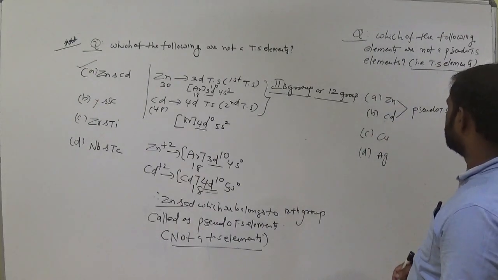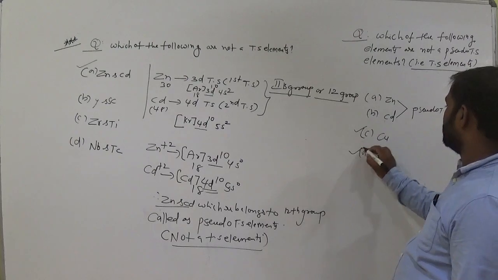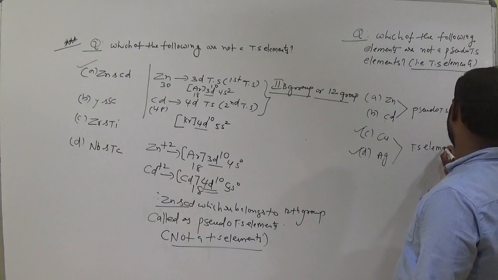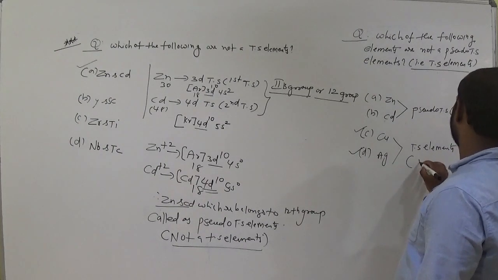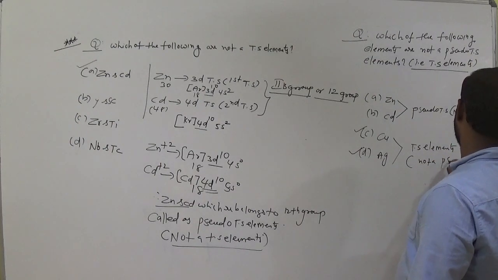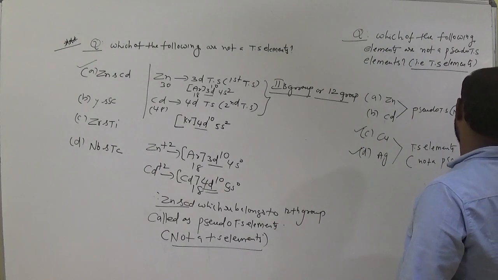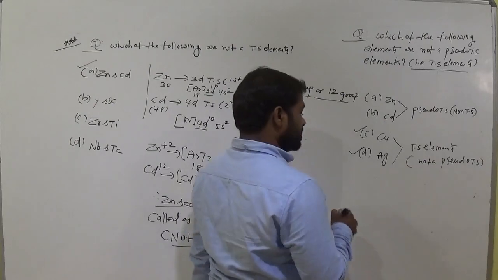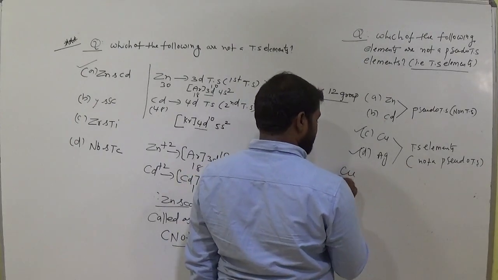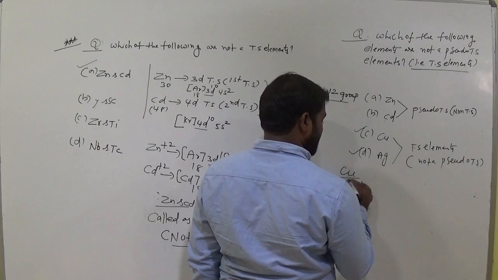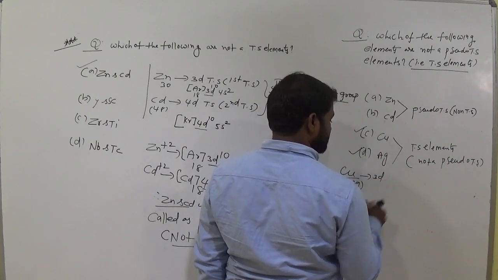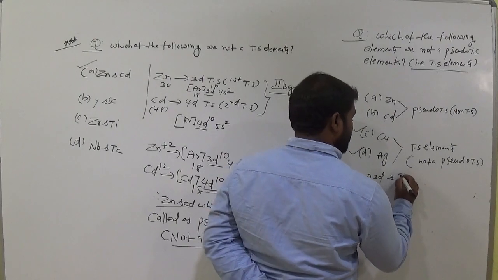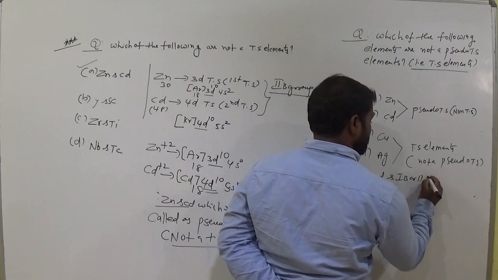Now which one is the correct answer? These two are the correct answer. These two are transition elements, not pseudo transition. What is the reason? Copper has atomic number 29 and belongs to 3d, first B or 11th group.